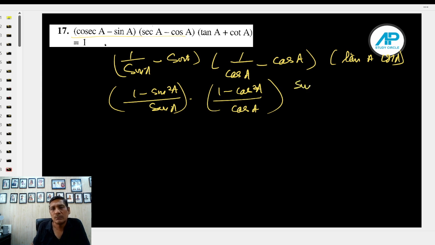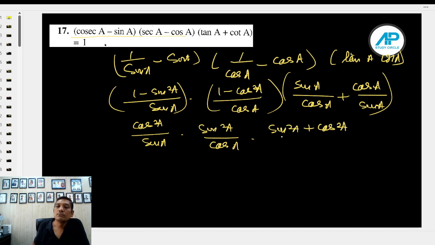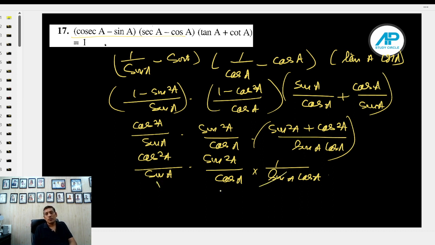I should solve the third bracket also. You can see I got sine and sine square, and cos and cos square.